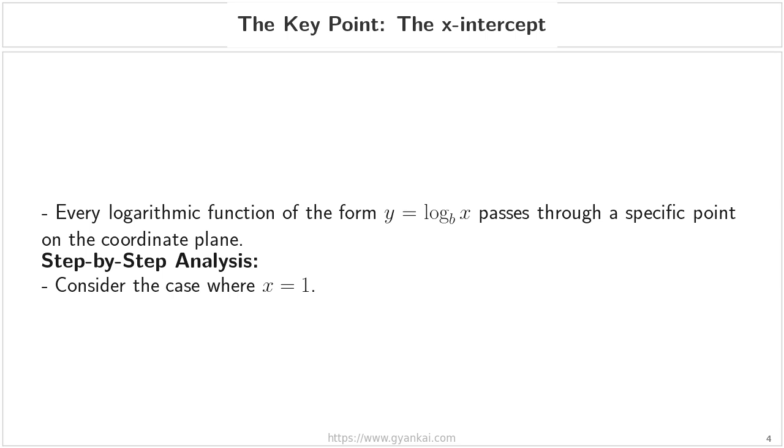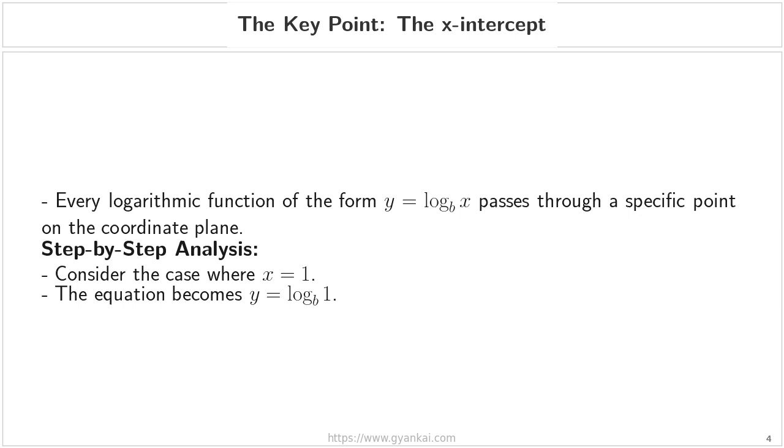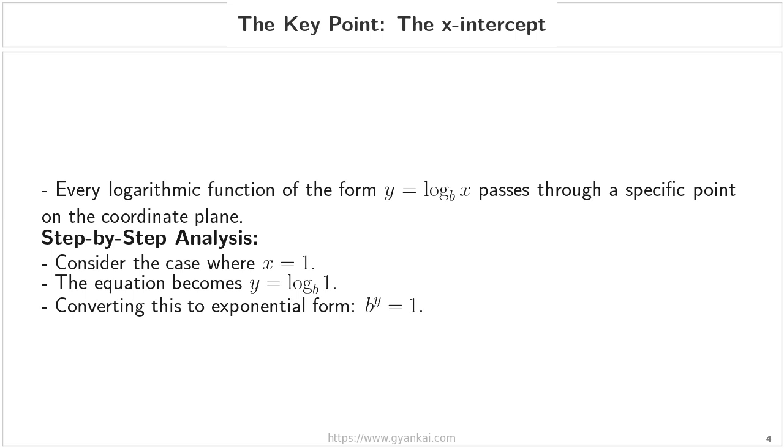Let's consider what happens when we set our input x to 1. When we substitute this into our equation, it becomes y equals log base b of 1. To solve for y, it is easiest to convert this logarithmic statement back into its exponential form. This gives us b raised to the power of y equals 1.